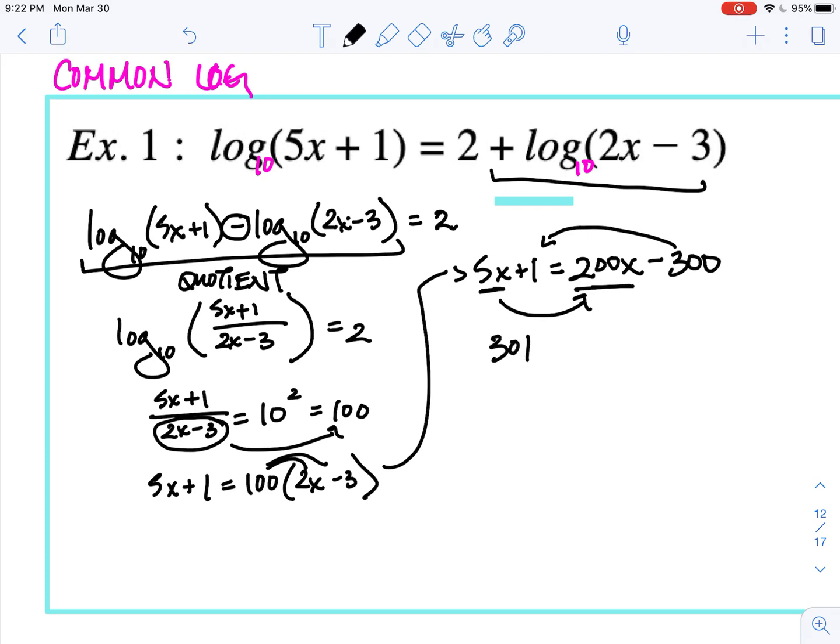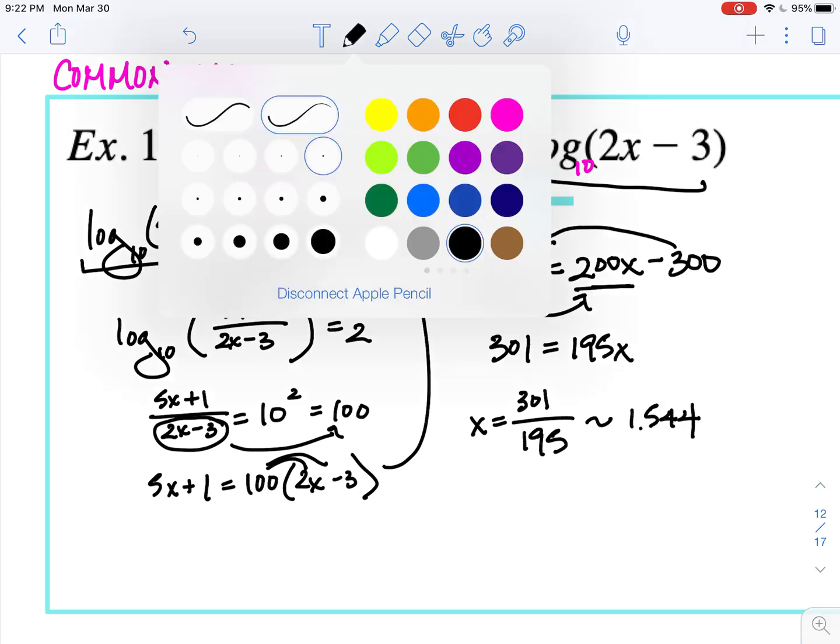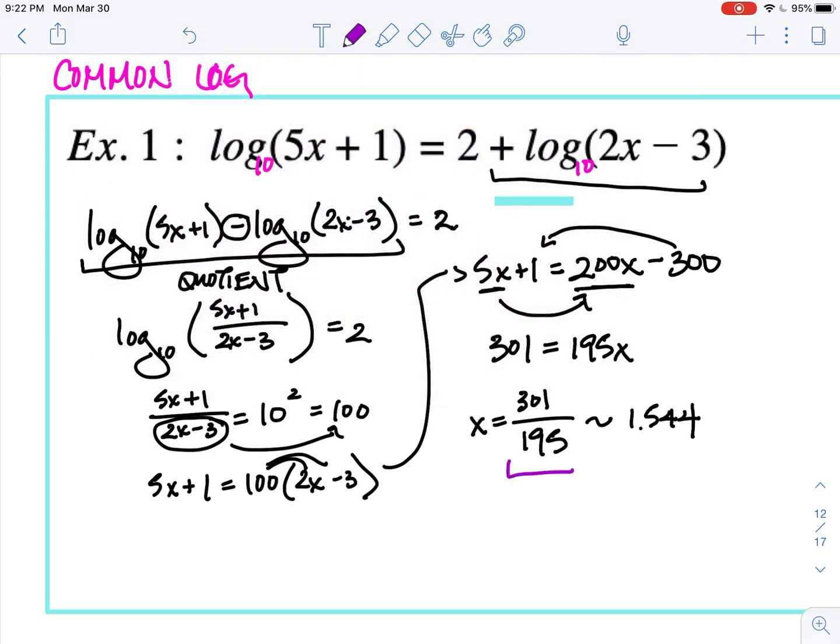So I'll get 301 equals 195x, and our x is going to equal 301 divided by 195 as an exact answer, or about 1.544 for an approximate.